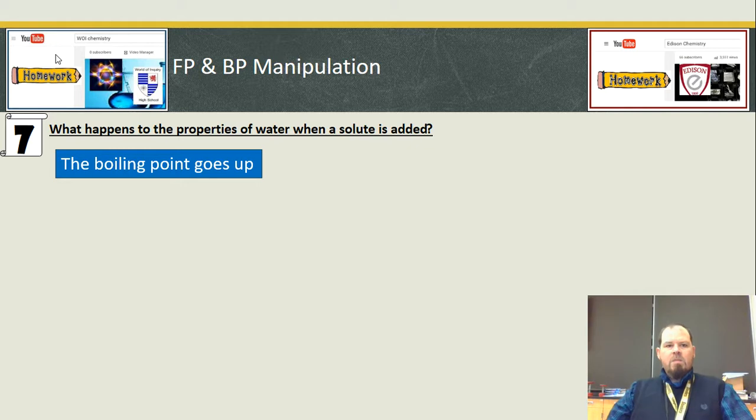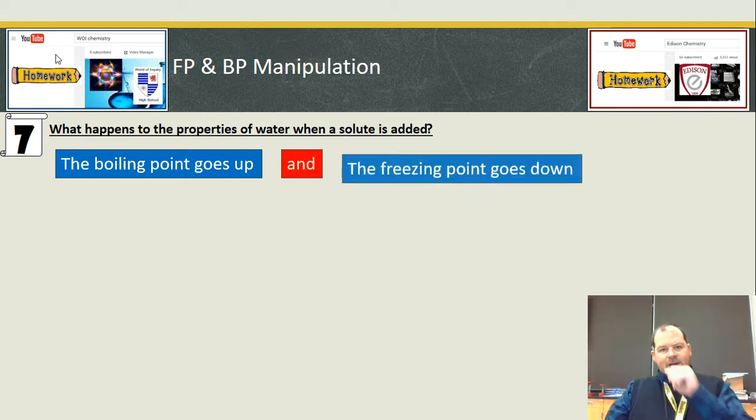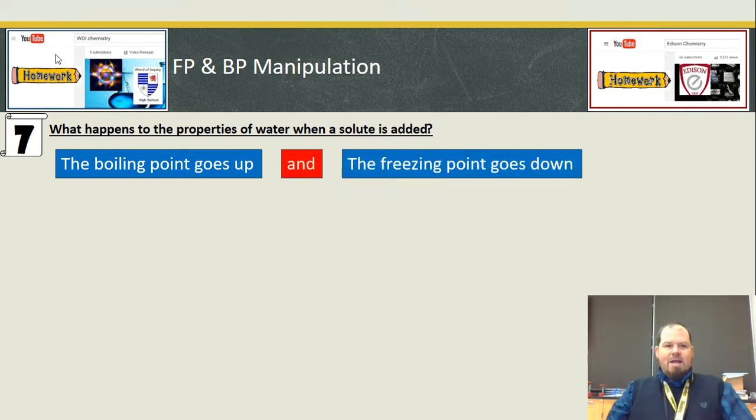So, what happens to the boiling point of water when a solute is added? This is one confusing semi-topic just based on the answer, but what happens is the boiling point goes up and the freezing point goes down. It happens simultaneously. It's not just one that changes. The problem is that for that solution, I can only test one of them at a time.